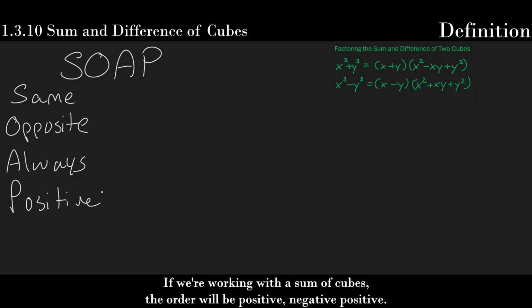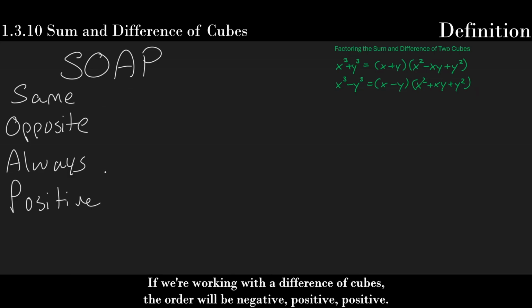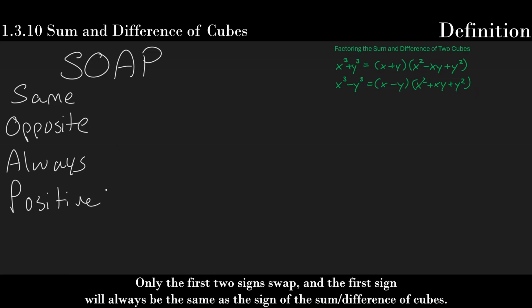If we're working with a sum of cubes, the order will be positive, negative, always positive. If we're working with the difference of cubes, the order will be negative, positive, always positive. Only the first two signs swap, and the first sign will always be the same as the sign of the sum or difference of cubes.